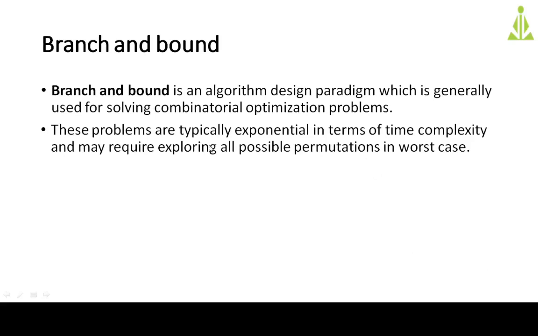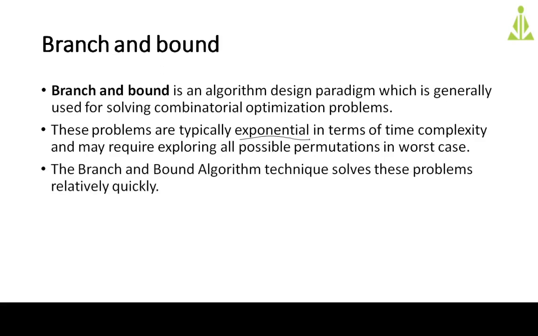If you are going to find all the possible solutions, it will be exponential, which is very difficult. Exponential is one of the worst cases in time complexity. The branch and bound technique solves this problem relatively quickly.